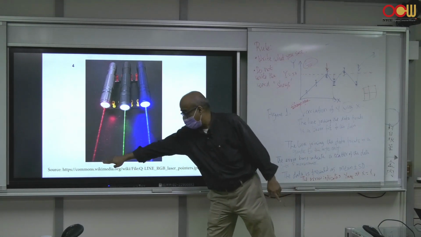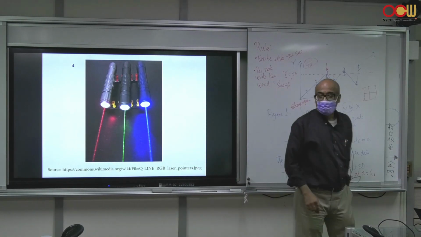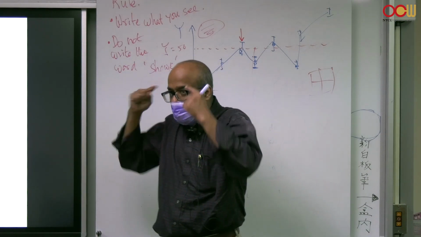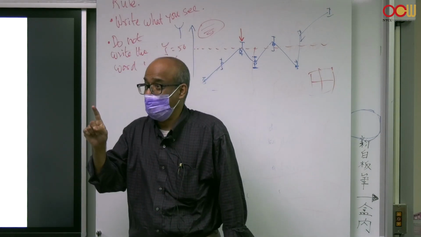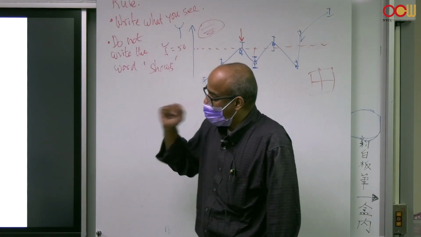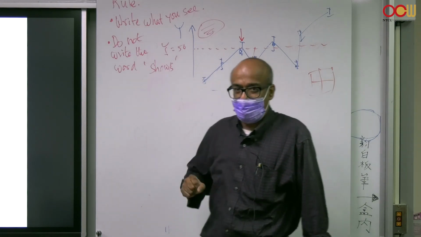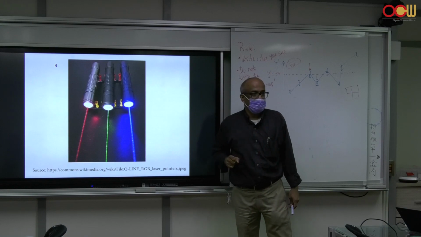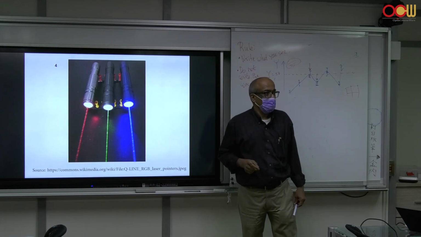How will you write the caption? Photograph of... you have to bring your thinking into writing. That's where it gets difficult. When you look at it, you say, okay, these are photographs of 3 lasers, red, green, and blue. But when you write, it is not that simple.